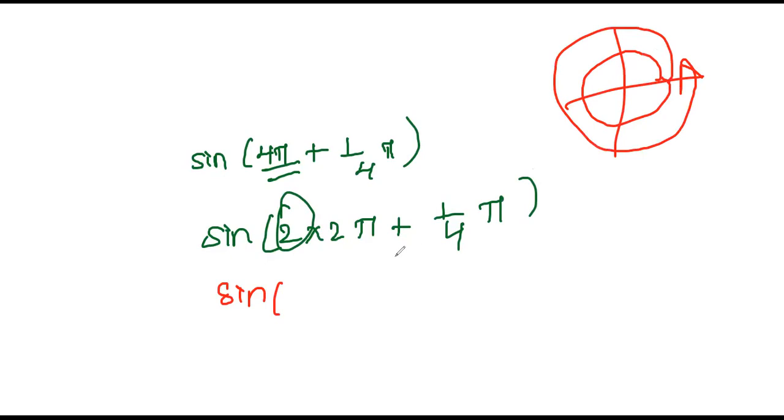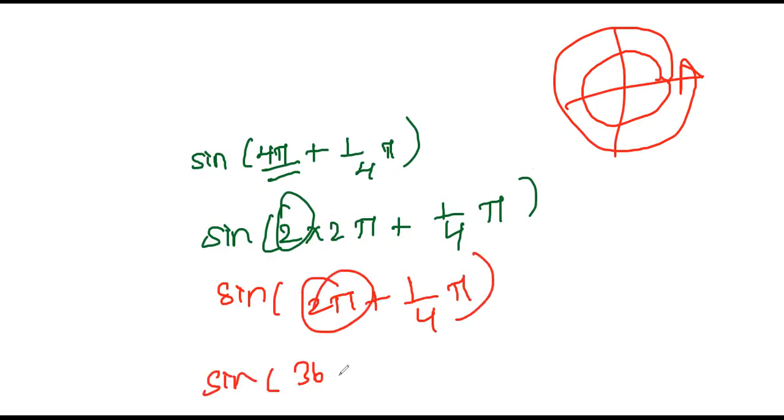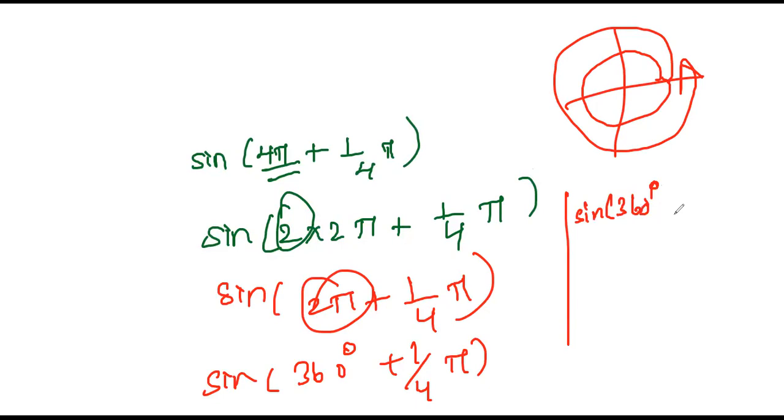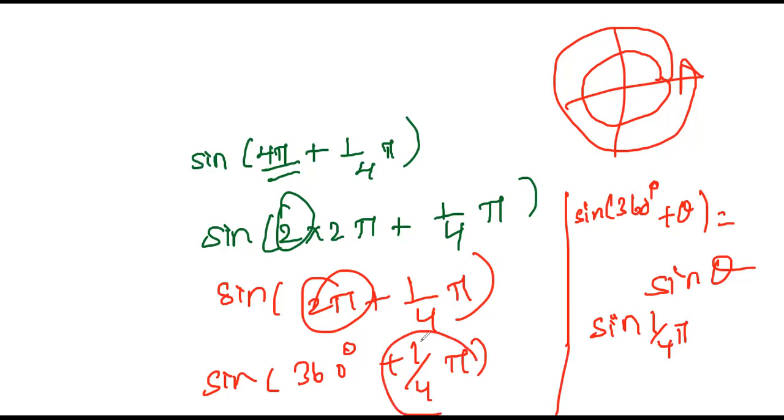So it doesn't make any difference. You can assume the 4 pi is 2 pi also. And 2 pi is nothing but 360 degrees. There is a formula that sine 360 degrees plus theta is nothing but sine theta. So you will write sine of 360 degrees plus 1 by 4 pi as sine 1 by 4 pi, because that 1 by 4 pi is theta.